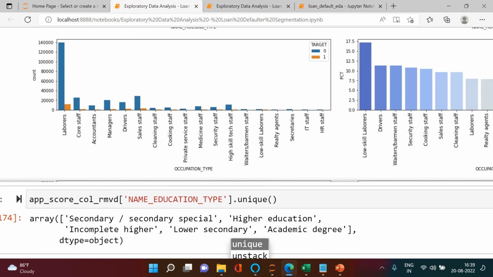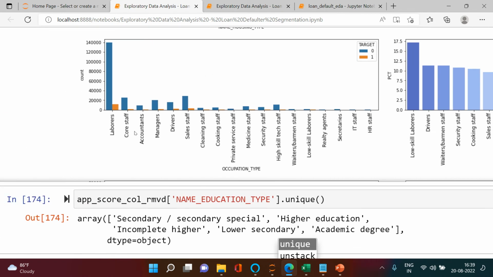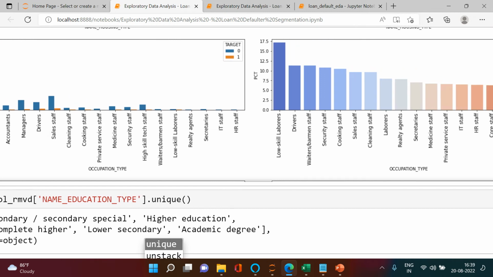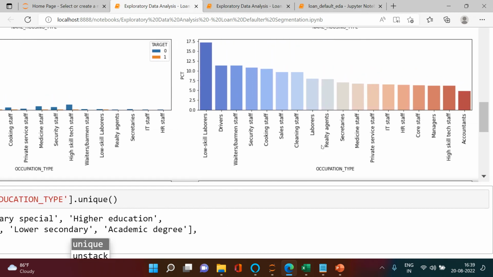Okay, and after that, laborer, core staff, what is the default rate for core staff, sales staff, drivers, and managers? Let's have a look. Laborers we understood. Where is the core staff? Core staff has an even lesser default rate.